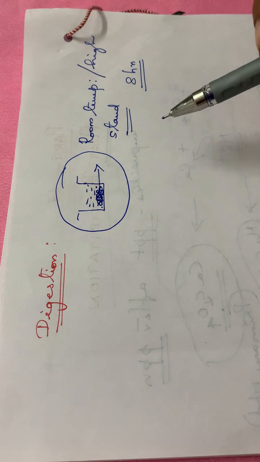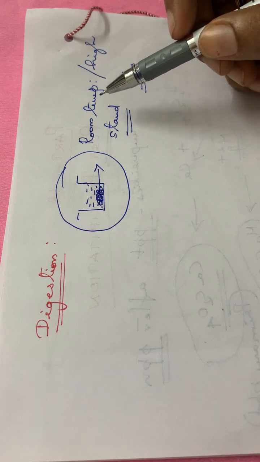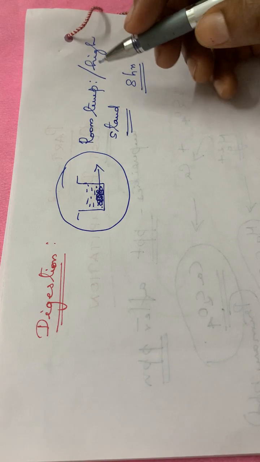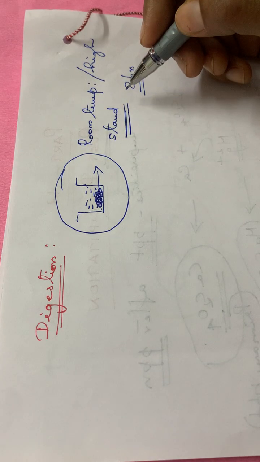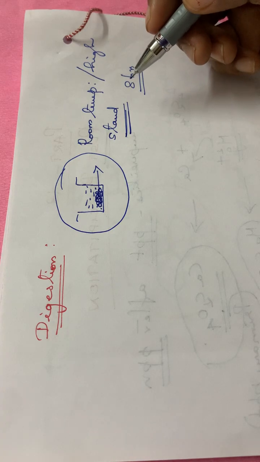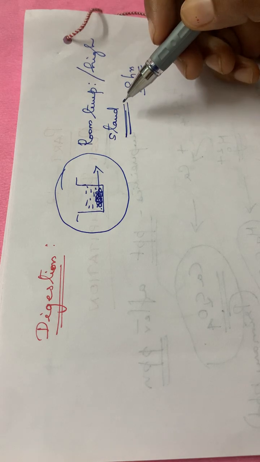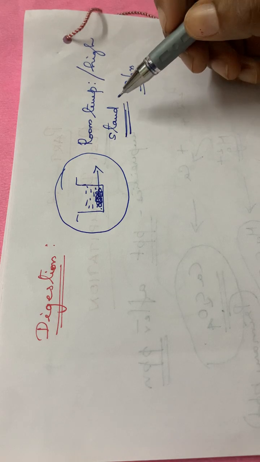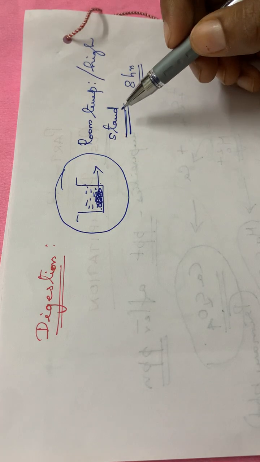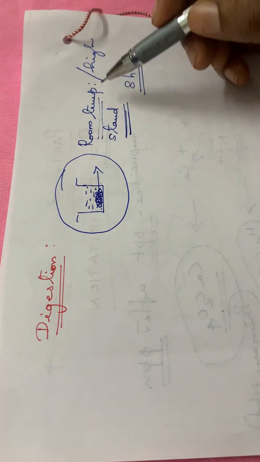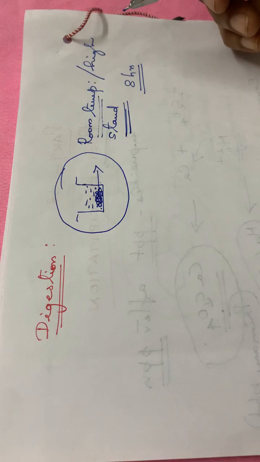So digestion means the process of allowing the precipitate to stand for several hours. Sometimes it may take 8 or 12 hours, sometimes one overnight, or sometimes several days. So we allow the precipitate to stand for several hours, either at room temperature or at some higher temperature.